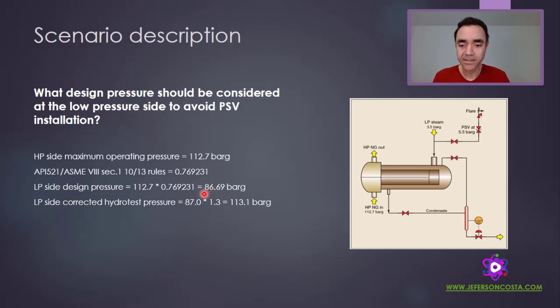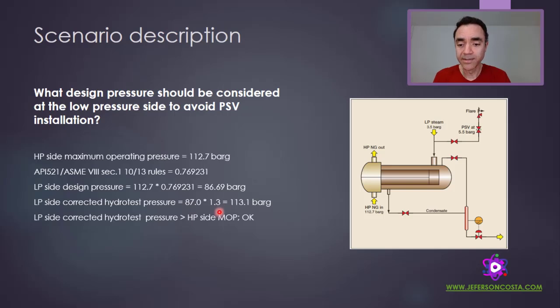So in this case, I will consider that my best value for the design pressure of the lower pressure side is 87 bar G, and when I multiply it by the rule of the code that says that I must guarantee 1.3 times the maximum allowable working pressure of the equipment, I will get 113.1 bar G as the pressure for my hydro test.